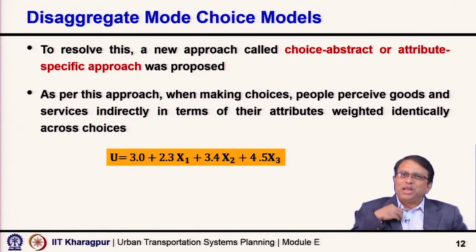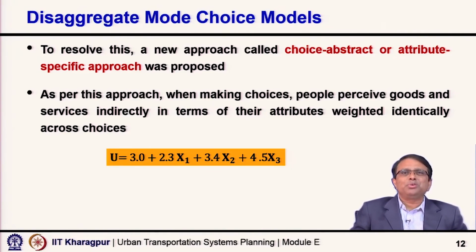My decision may depend on travel time, but why would my weightage to travel time be different in car, in metro and in bus? So, in this approach, the coefficients of x1, x2, x3 are going to be the same across all alternatives, but then how would the utility be different?